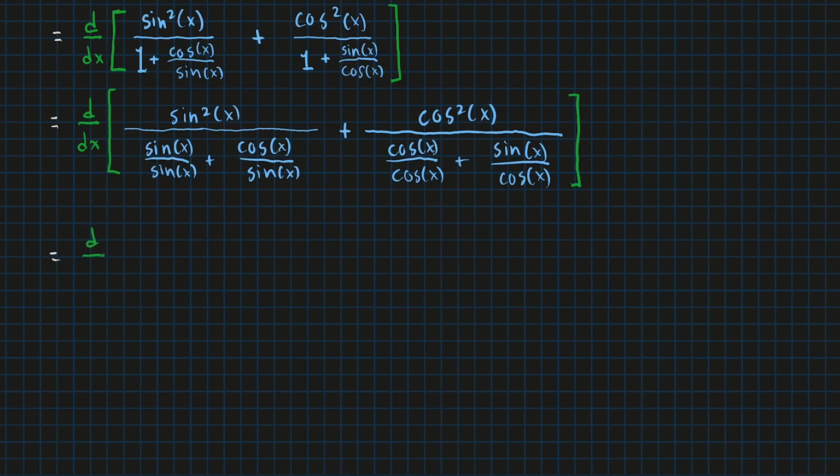And that is equal to, still have our derivative out here. I'll just show you the added form. I won't show you the multiplication yet, but I'll show you the slightly more simplified form before we simplify it even further. You'll see what I mean. So in our denominator here, we have sine x plus cosine of x, and that is all over sine of x because we've got our common denominator there.